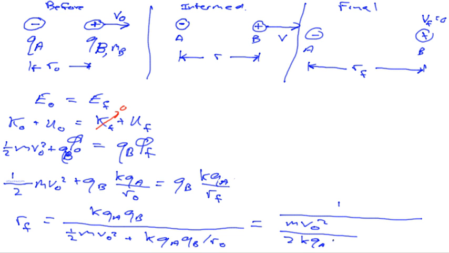QA, QB, and so I have plus 1 over R0 here. So this term obviously has dimensions of 1 over distance.